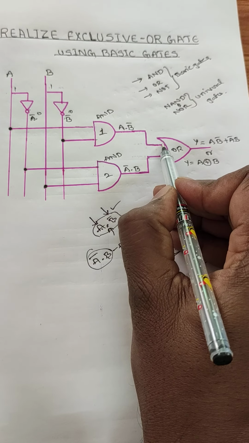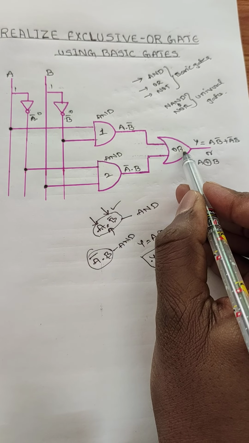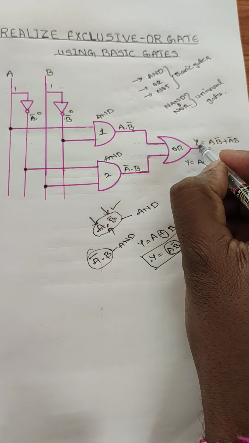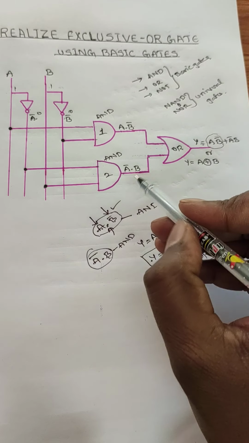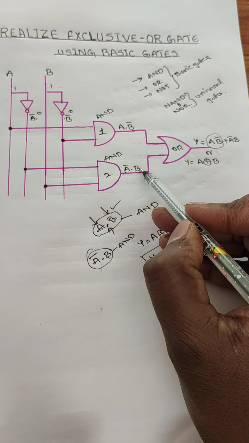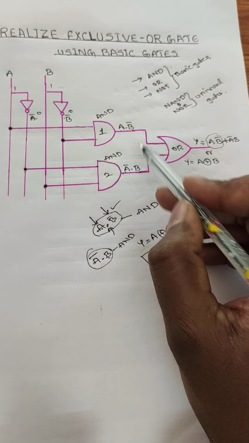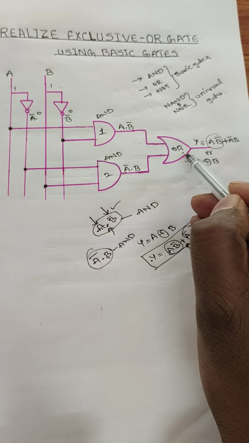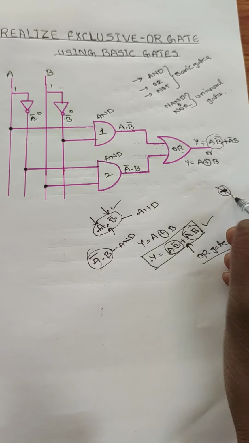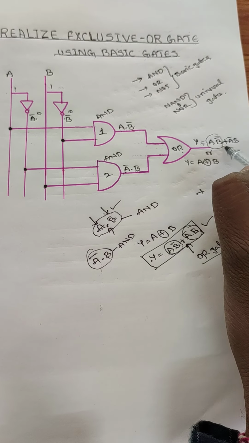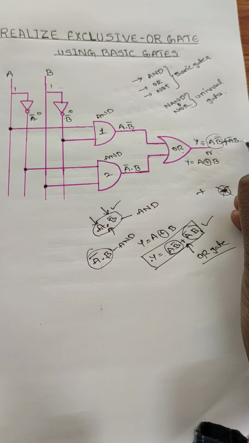So the final output will be Y equal to A dot B bar plus A bar B. As we connect these two to the OR gate, the operation is logical addition, plus. So you get A B bar plus A bar B.